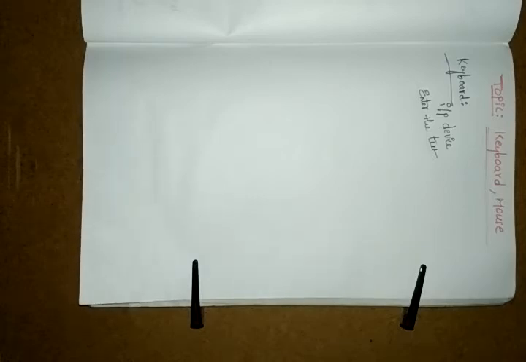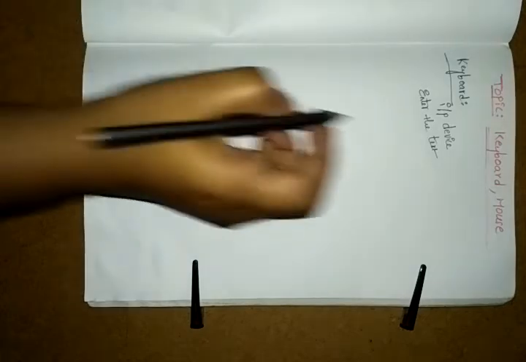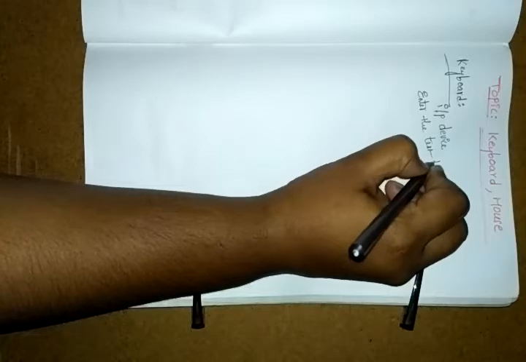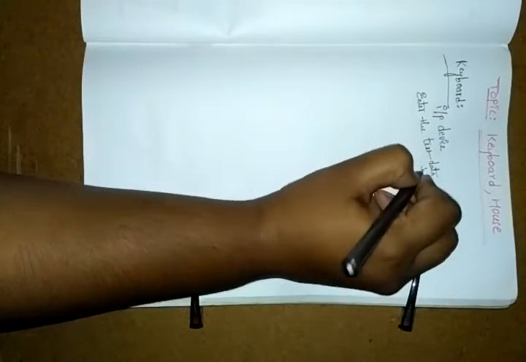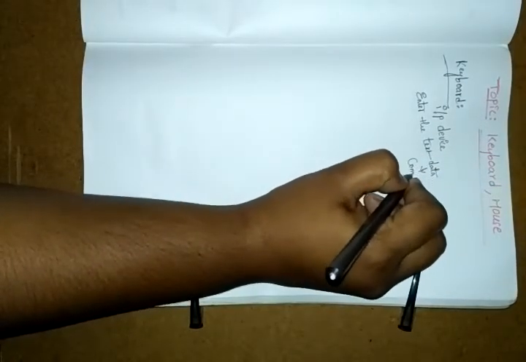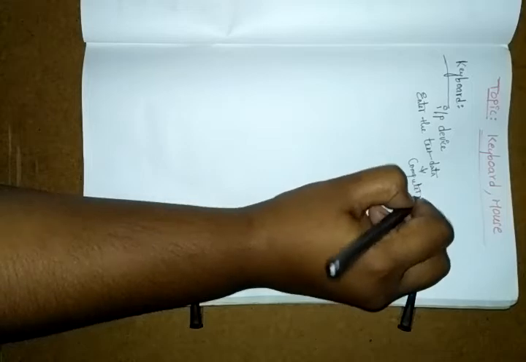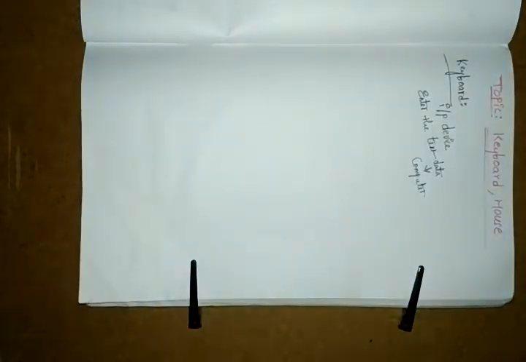You enter the text data directly into a computer by connecting a wired or wireless keyboard. Here we are entering the text data. So where are we entering? In the computer.